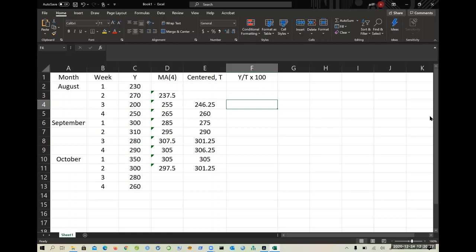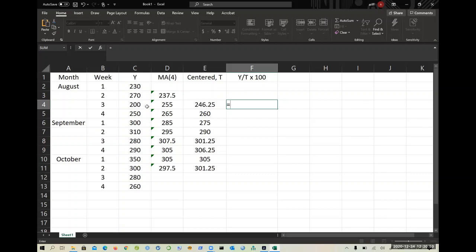Without the value of t, you cannot calculate the seasonal variation. So that means the first two will be empty because the first two tidak ada nilai t. So just take the third one. Starting with the third one, respectively take the actual value divided by the centered value or the trend value, and then multiply with 100.